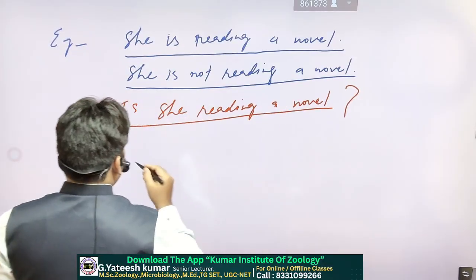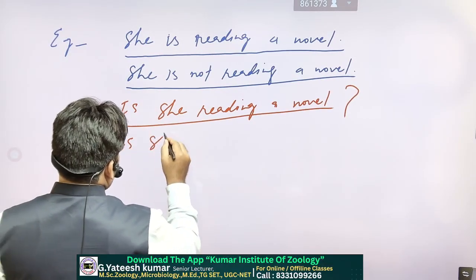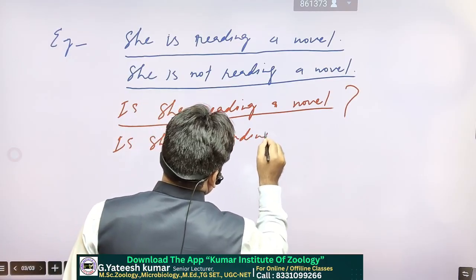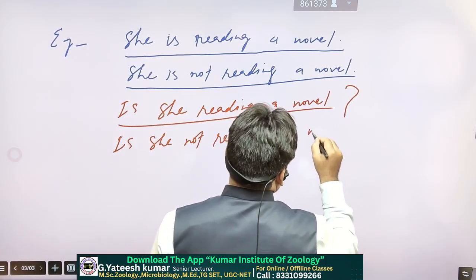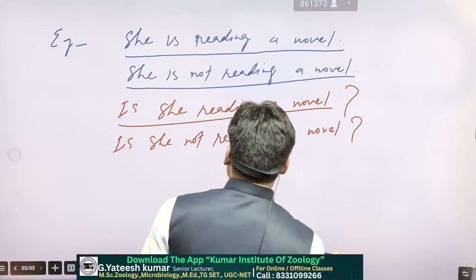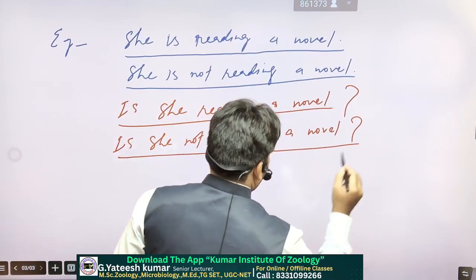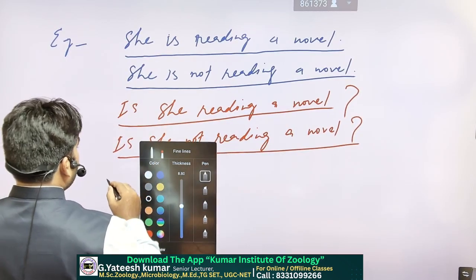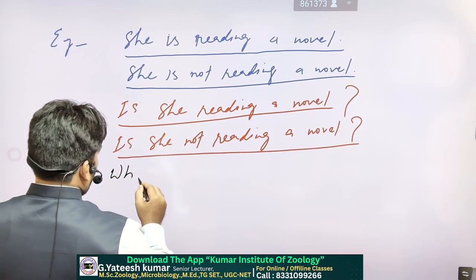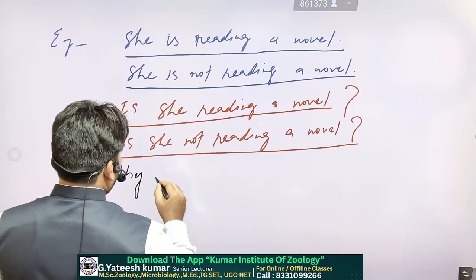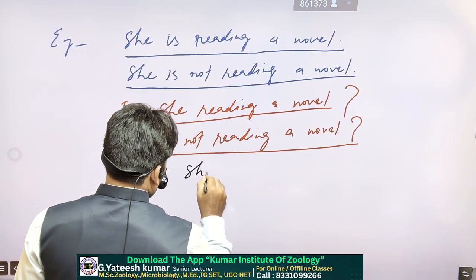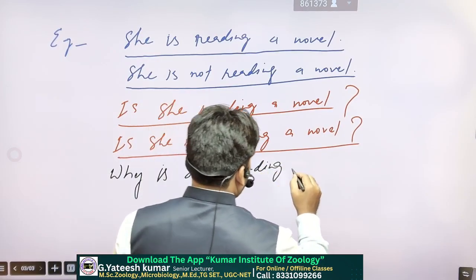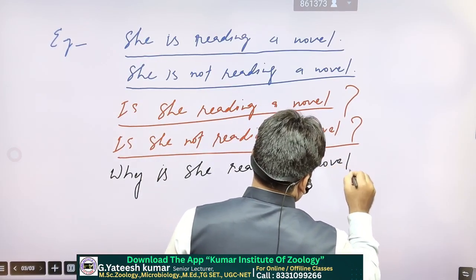Same, we can do negative. Is she not reading a novel? So this is yes no type questions negative. Next we can do WH questions. Why is she reading a novel?